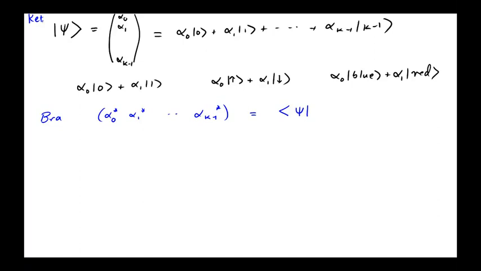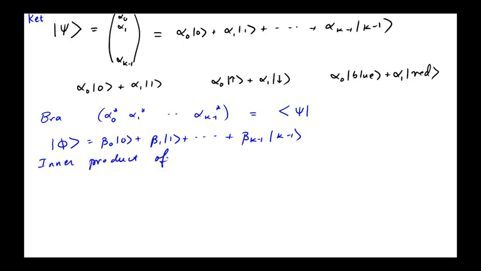Now suppose we have another vector or state phi, which is beta_0 |0> plus beta_1 |1> plus so on, beta_{k-1} |k-1>. Then what's the inner product of psi and phi?